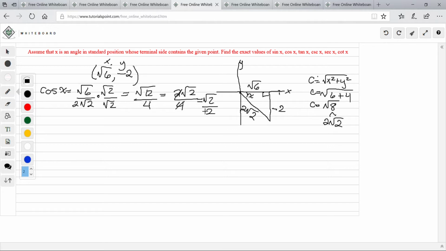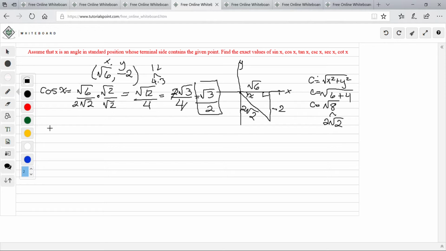Wait, I didn't do this right. Okay, so square root of 12: 4 and 3, so it's 2 root 3 over 4. That simplifies to square root of 3 over 2. So that's cosine of alpha.